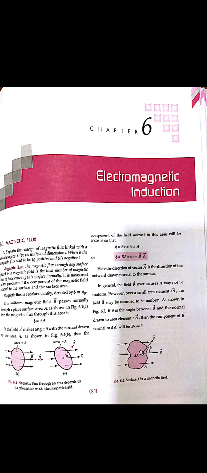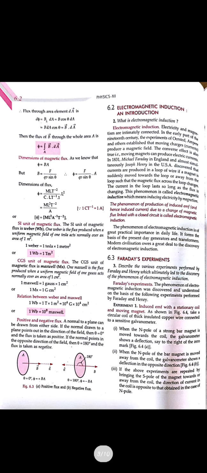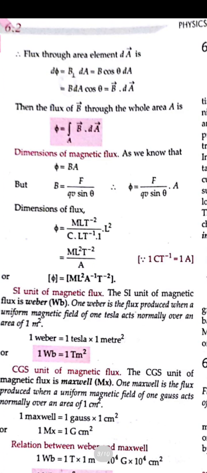So it can be given as BA cos theta. If we take the small area element dA, then on integrating we can find the value of phi, which is the integral of B dA. On integrating, we get BA. So the formula for the magnetic flux will be phi equals BA.